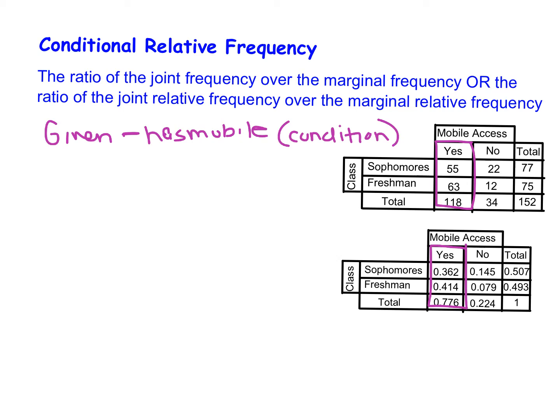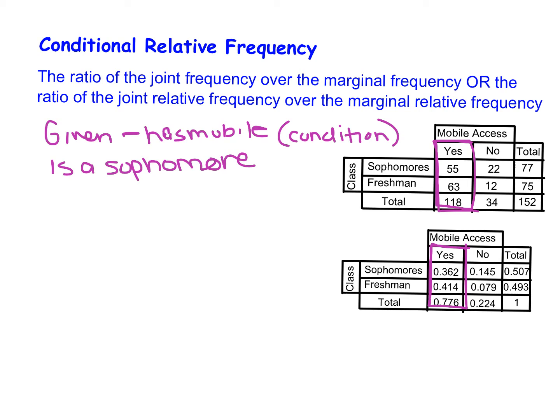What is the conditional relative frequency that that student is a sophomore? That's what it's saying. Given that we have mobile access, so we're in this purple column right here, what is the conditional relative frequency that that student is a sophomore.